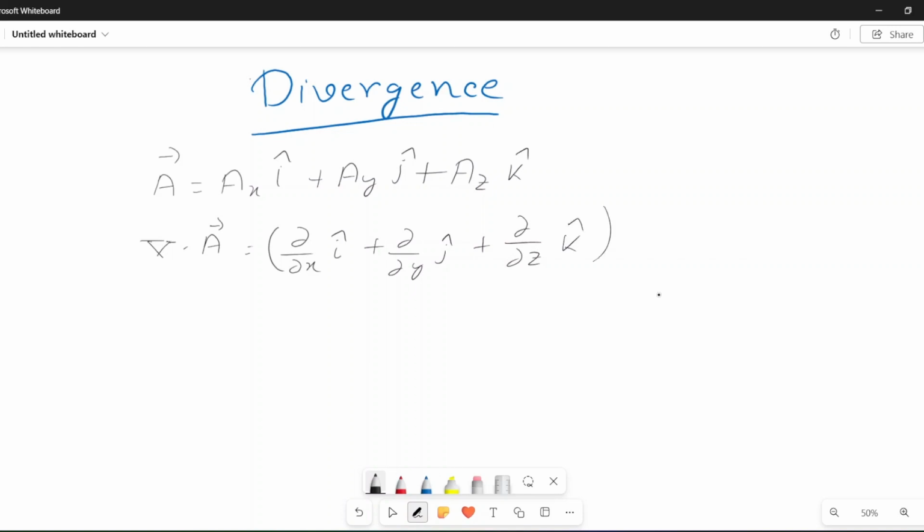The divergence is basically the dot product of the del operator with Ax i cap plus Ay j cap plus Az k cap.